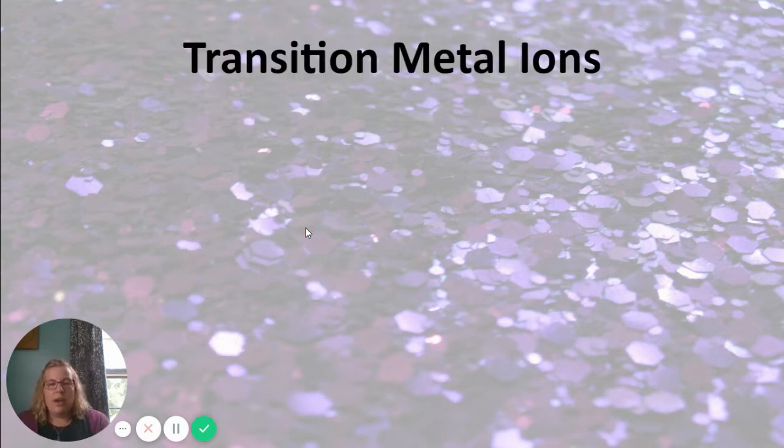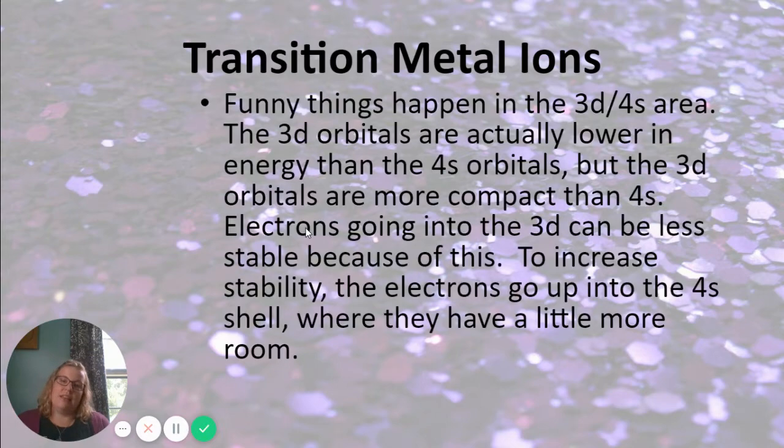That's something that they have asked in the past. And the reason why this actually happens, like I said, is that the 3d and 4s are very close to each other. The 3d orbitals are actually ever so slightly lower in energy than your 4s orbitals. Again, very, very close. But the 3d orbitals are very compact, much more compact than the 4s. We're going to get into orbital shapes in just a second, and hopefully that'll make more sense.